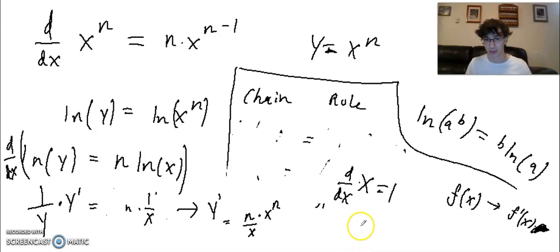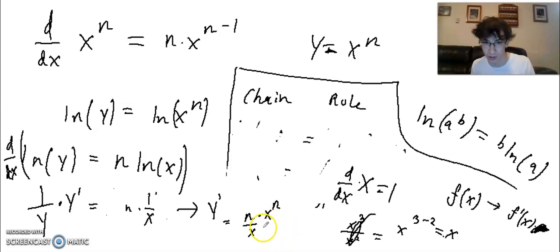Now, when you have something in the bottom, like say x cubed over x squared, this can just equal x to the 3 minus 2. Powers in the denominator are just negatives, and you can add those powers up and you just get x.